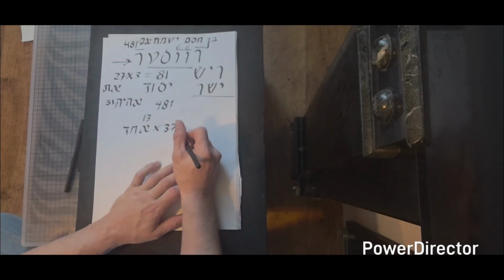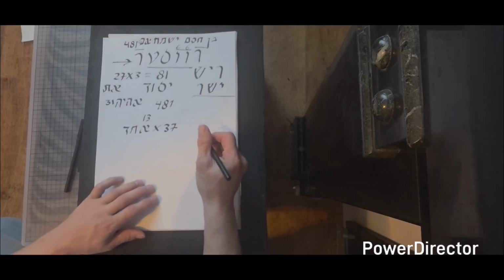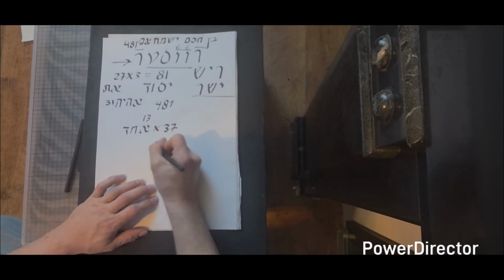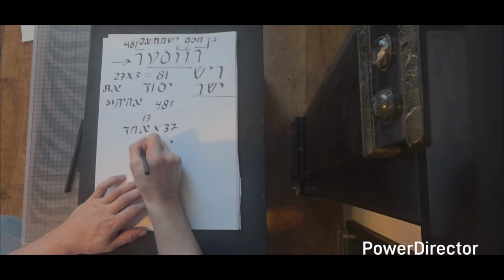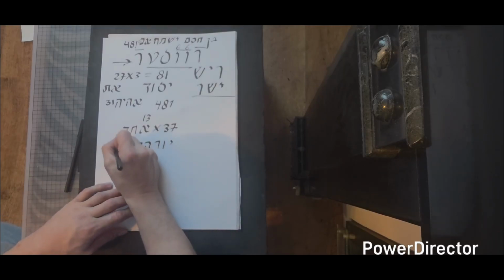Namely, these are the Miluim lights of the 63 name, because the 63 name is as follows: Yud, He, Vav, He.